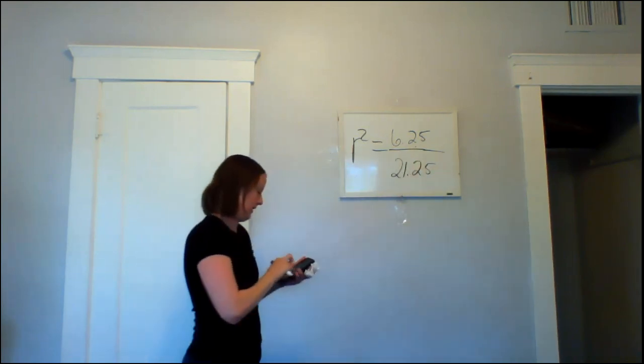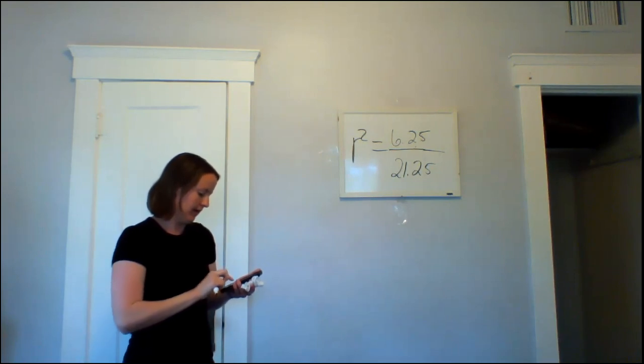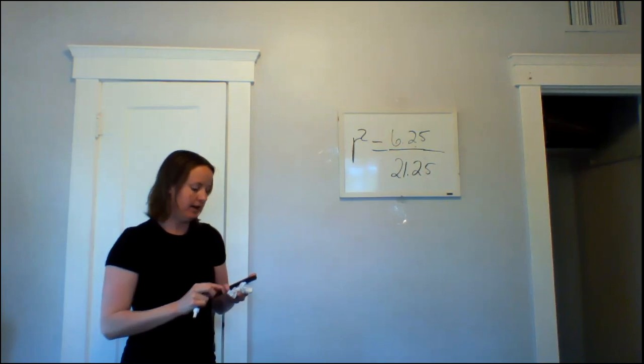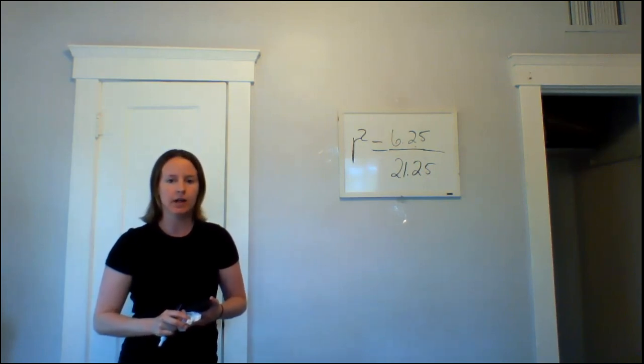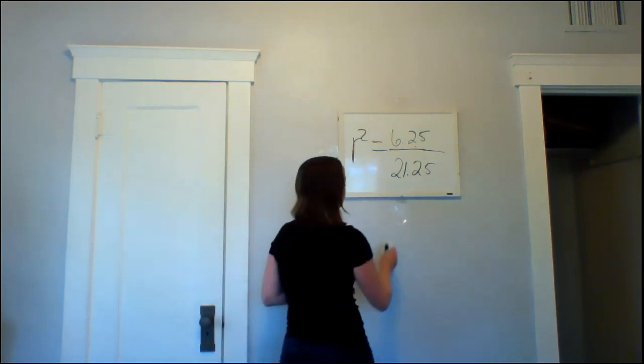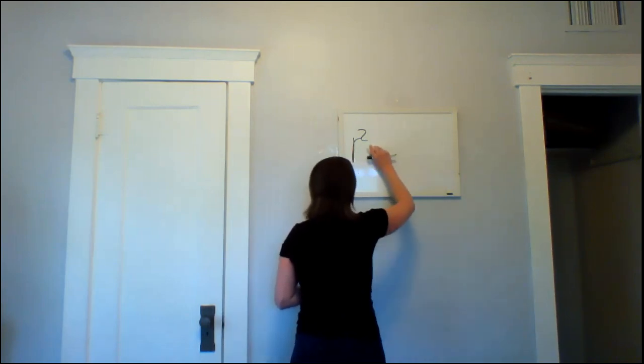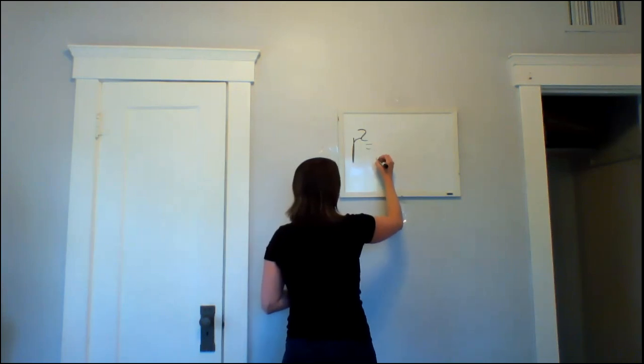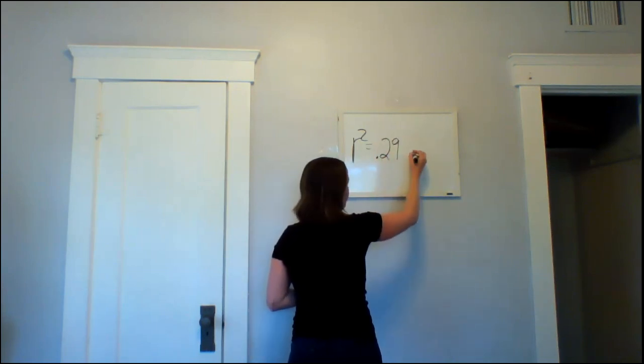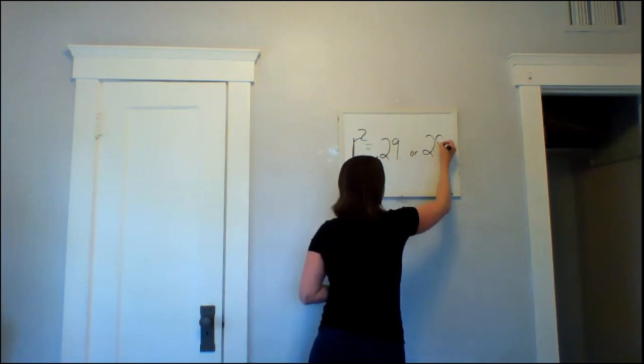Let's go ahead and throw that in. 6.25 divided by 21.25, and we end up with 0.29. Okay, we can round to the second decimal point here. So R squared is equal to 0.29 or 29%.